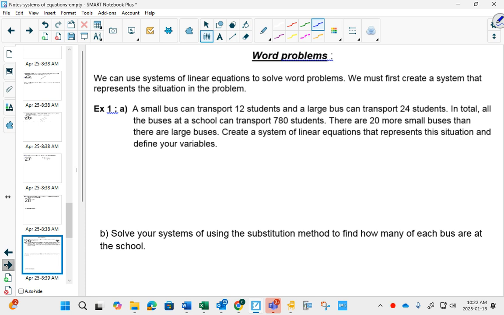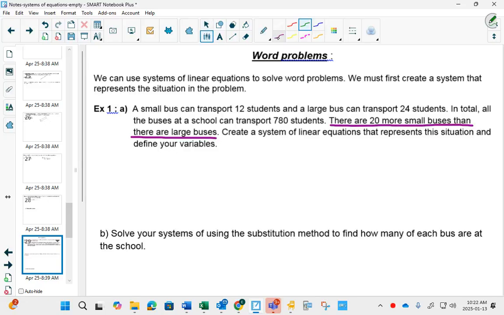So what I'm going to do is color code things here. I am going to color code a couple of sentences. I'm going to color code what I think is the easier sentence first. There are 20 more small buses than there are large buses.